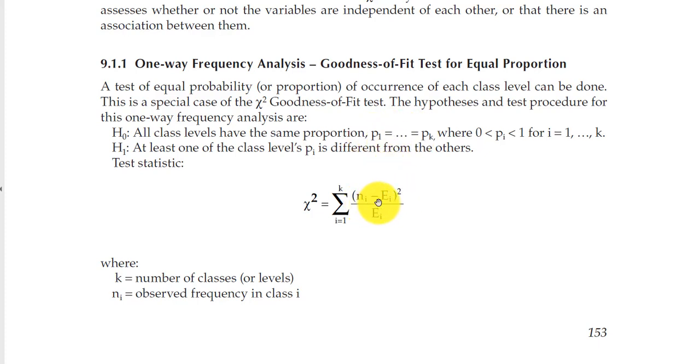Those differences can be either positive or negative, so we square them so everything's positive, divide by the number expected, and that's our chi-square test statistic. This particular chi-square test statistic has K minus 1 degrees of freedom, and we'd reject the null hypothesis of equal proportion for chi-square test statistics that are large.